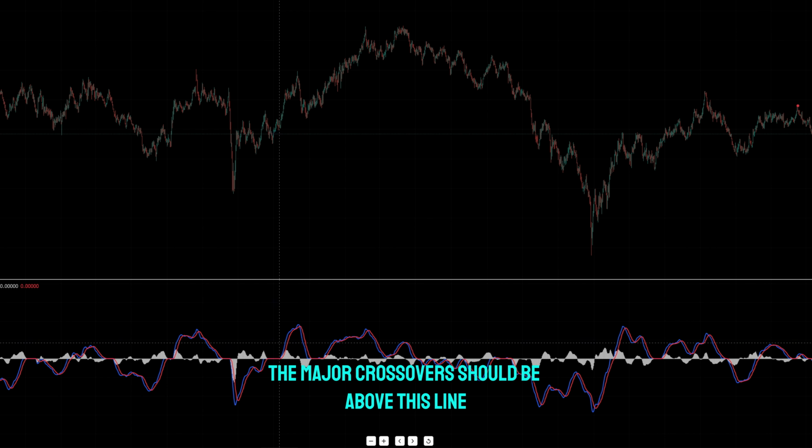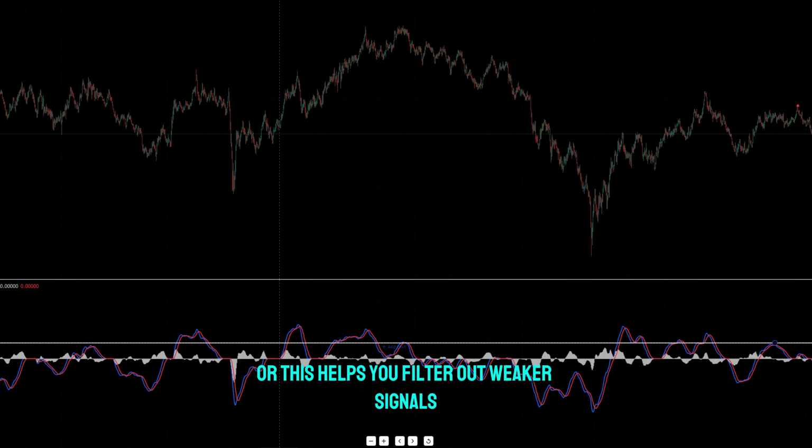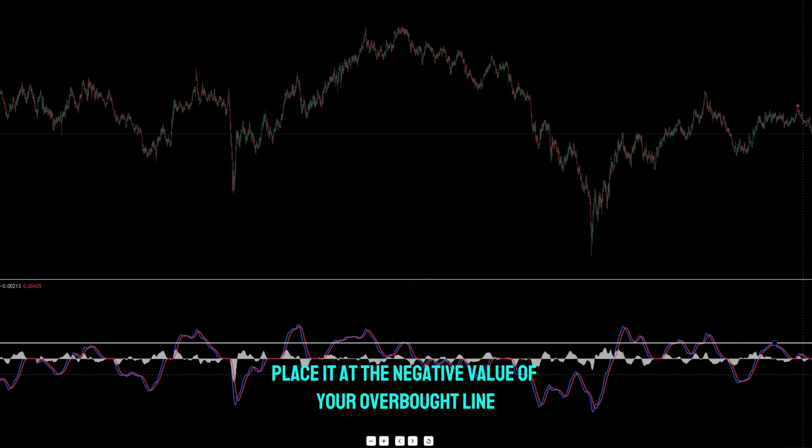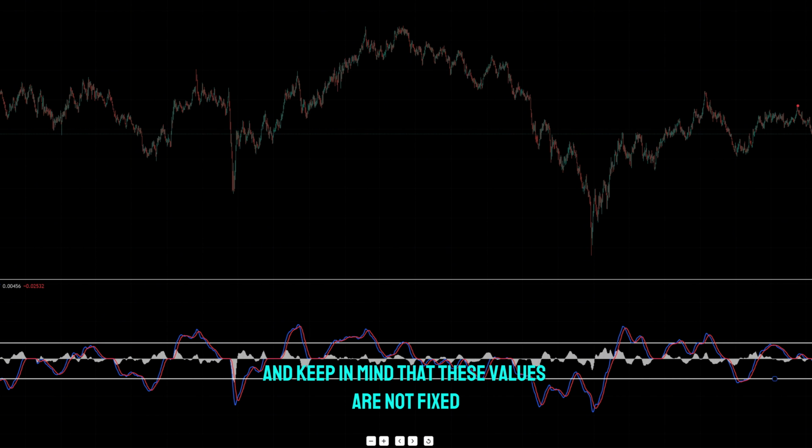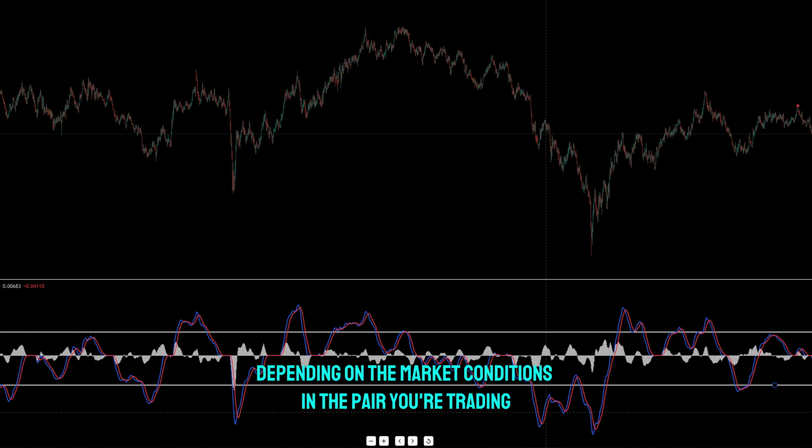The major crossovers should be above this line, and the minor ones should be below it. Well, this helps you filter out weaker signals and focus on the most significant ones. For the oversold line, place it at the negative value of your overbought line, directly opposite to it. Keep in mind that these values are not fixed. You may need to adjust them depending on the market conditions and the pair you're trading.